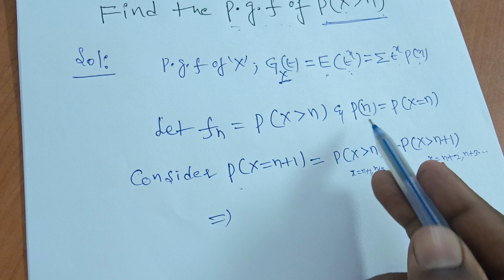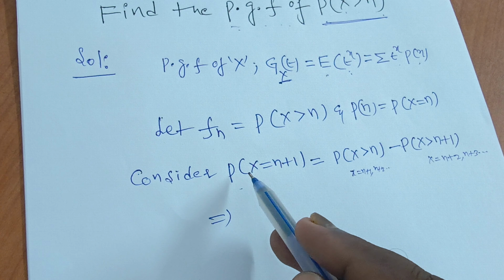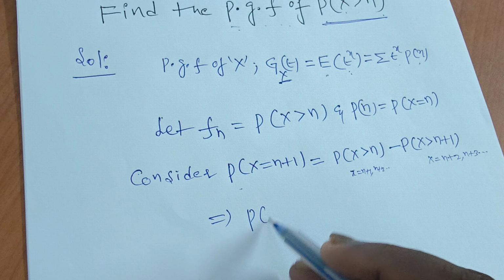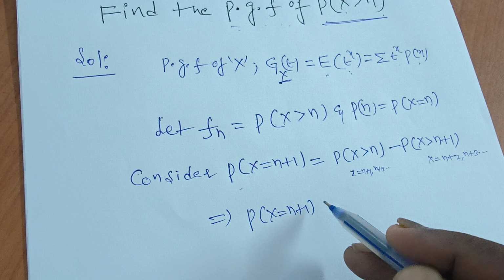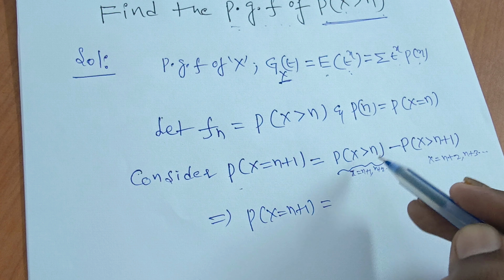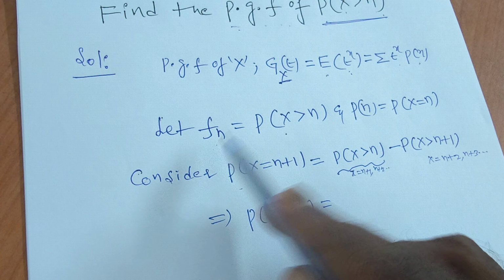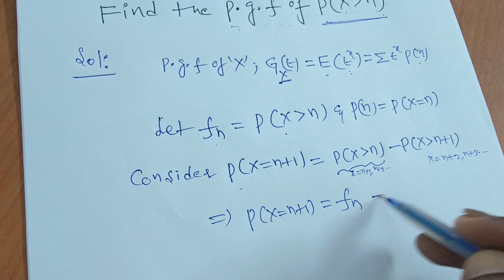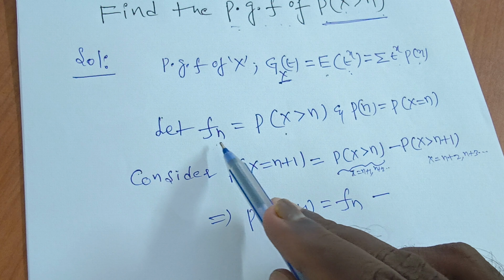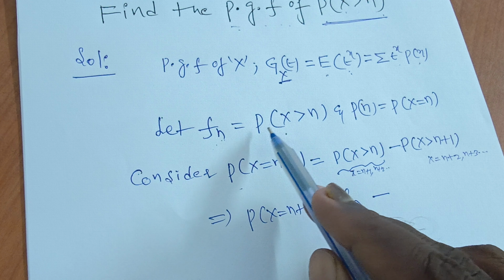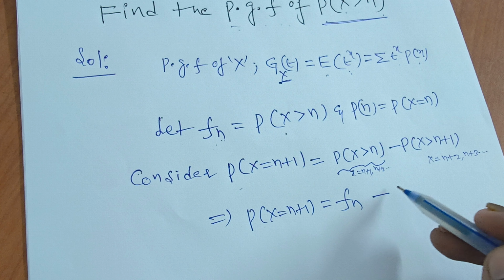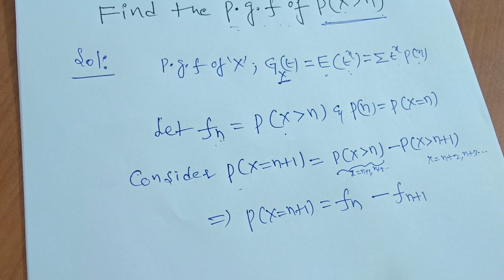By above assumptions, p of x is equal to n plus 1 is equal to, what about p of x greater than n? It can be denoted as fn minus, what about p of x greater than n plus 1? If n equals to n plus 1, it can be written p of x greater than n plus 1, f suffix n plus 1.